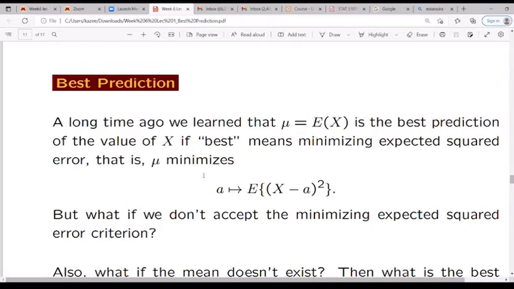If we want to minimize the expected square error, then of the mean and the median, the mean minimizes that. The median is not able to minimize that.